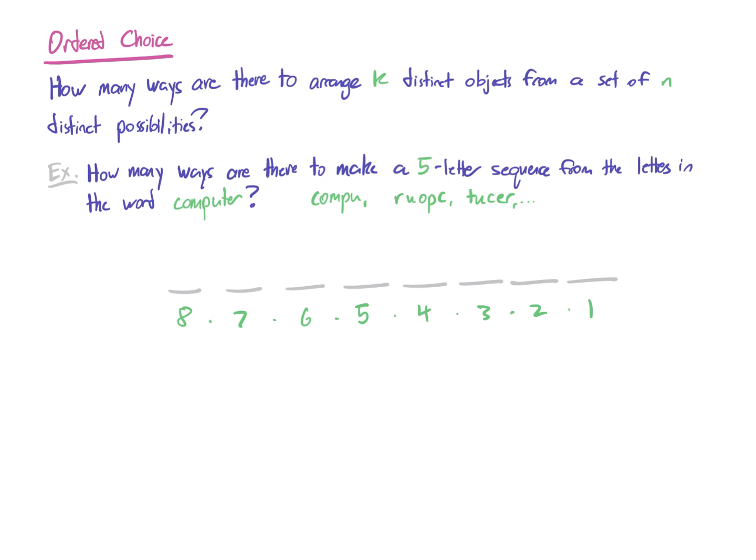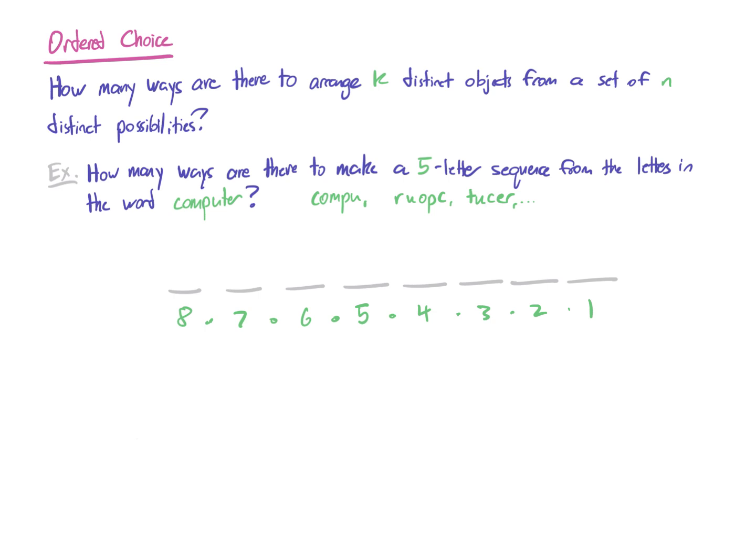And then I would multiply them all together, and I would get 8 factorial. But that's if I were taking all 8 letters, and I'm not taking all 8 letters.